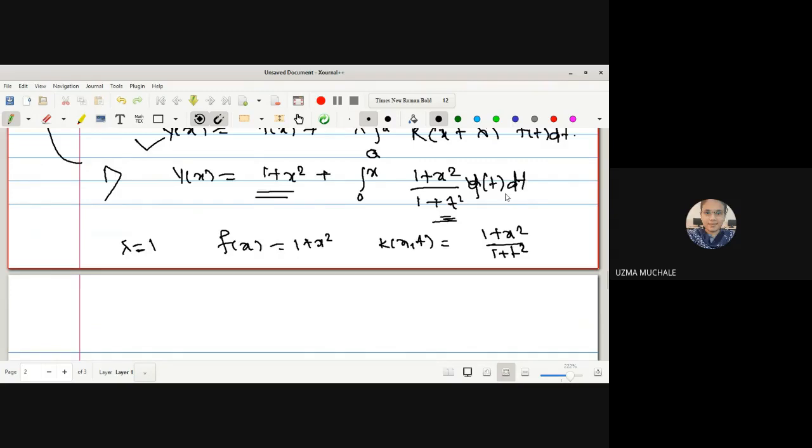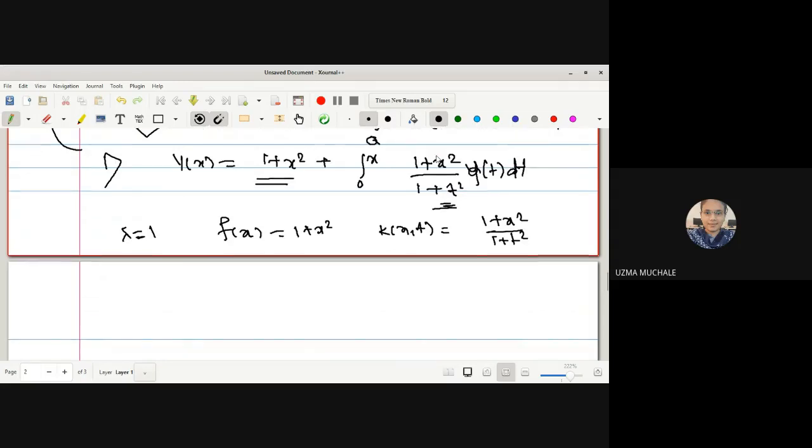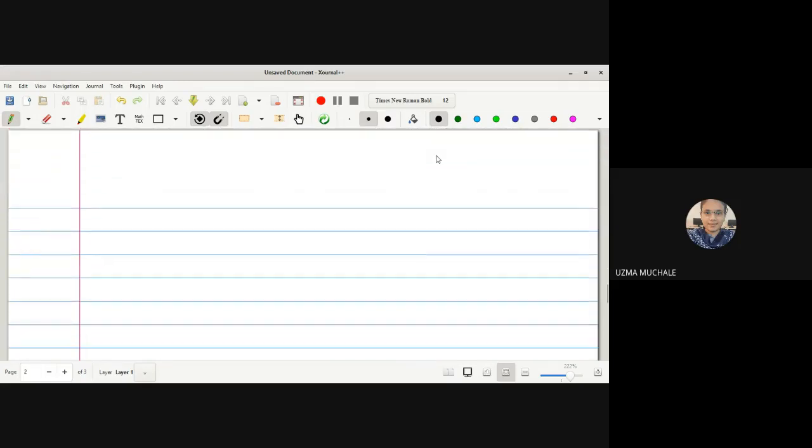Now let us first find out what is km of xt, then R of xt lambda. Let me go for finding the first one, k1.